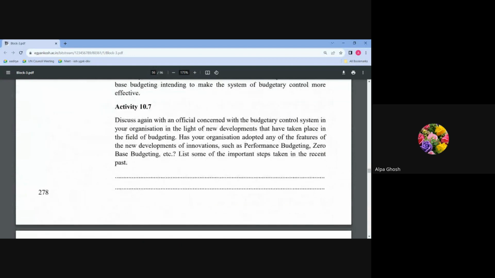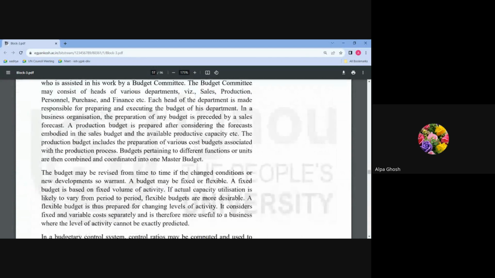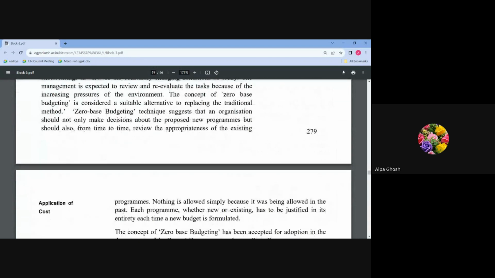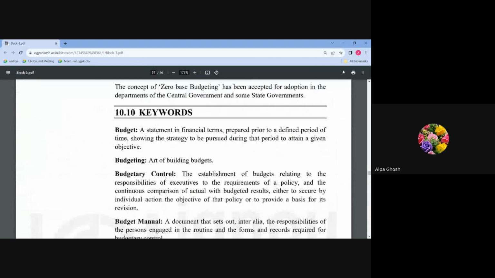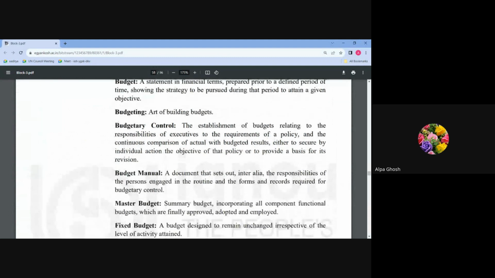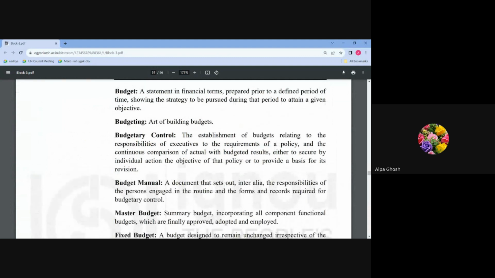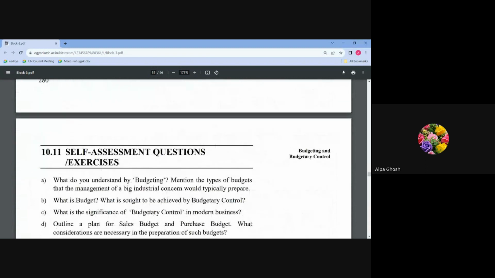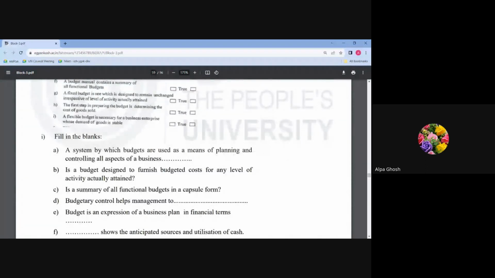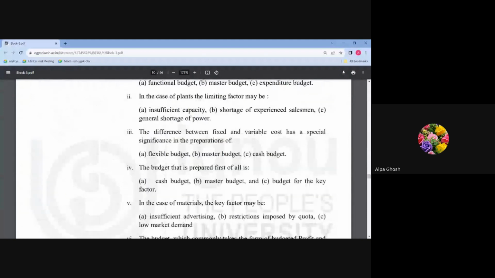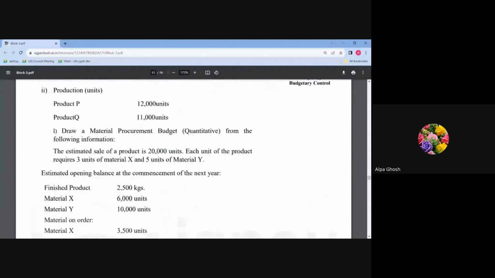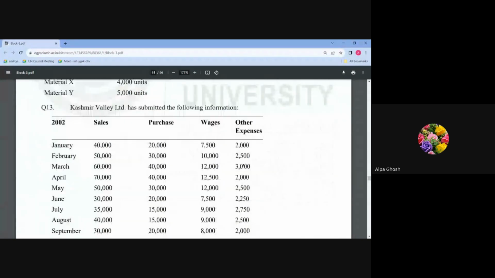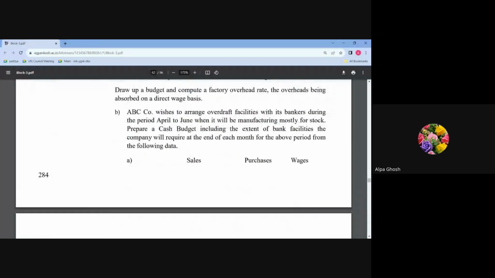Every time it is new. Again and again, I keep repeating that please go through the keywords that are given at the end of each chapter. The keywords are terminologies used for the particular chapter. So kindly go through it.